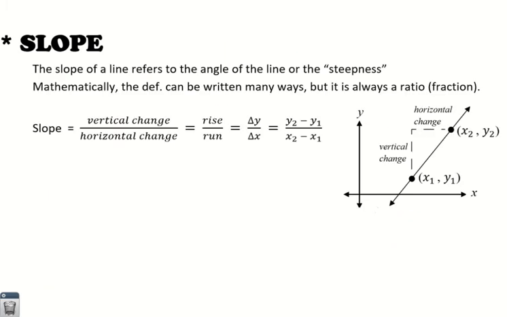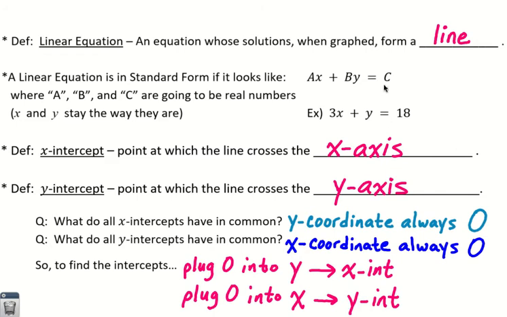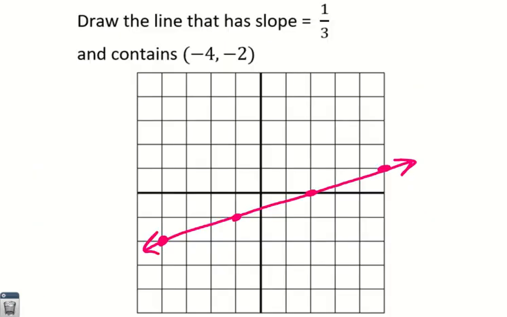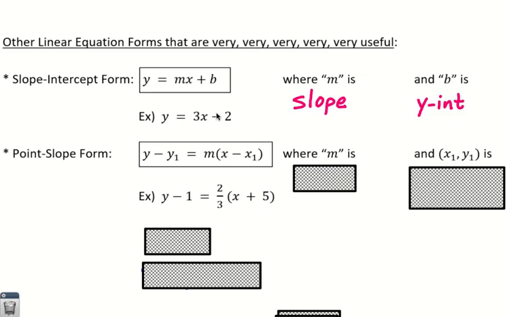Recall that this is standard form, so this equation we were just talking about was an example of standard form. It doesn't really mean much. But slope-intercept form like this, amazing.